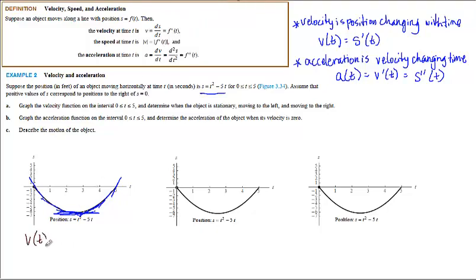The velocity is the derivative of this position function. The velocity would be 2t minus 5.